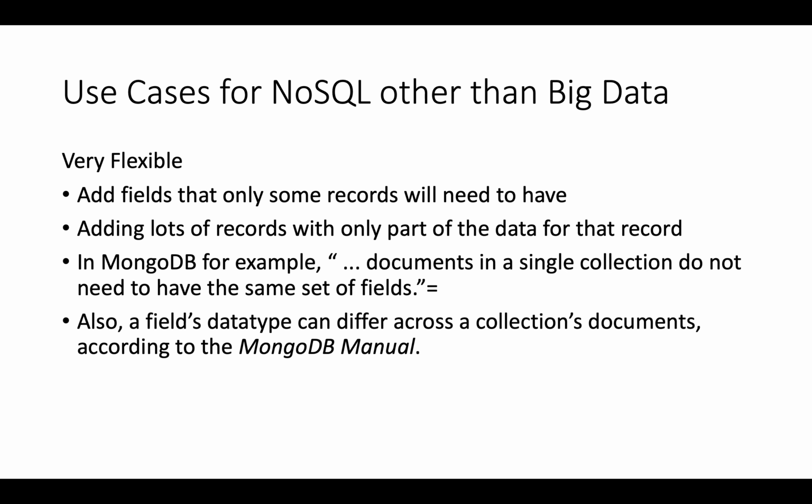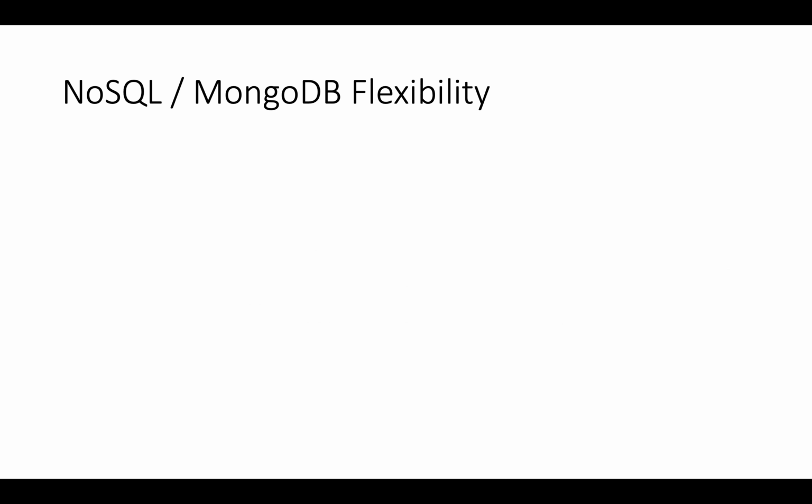I found out that in MongoDB, for example, documents in a single collection do not need to have the same set of fields. Also, a field's data type can differ across a collection's documents, according to the MongoDB manual. NoSQL, or MongoDB specifically, is very, very flexible.